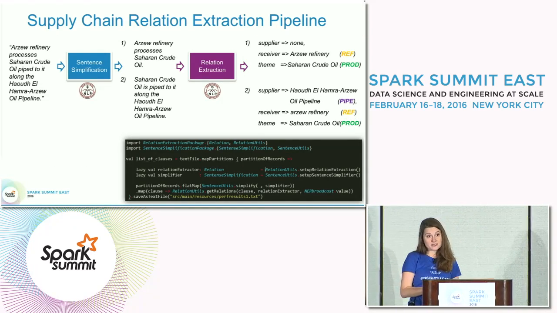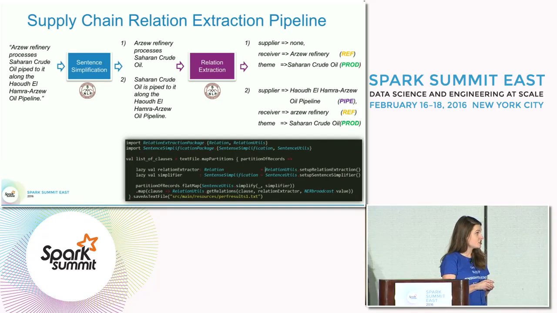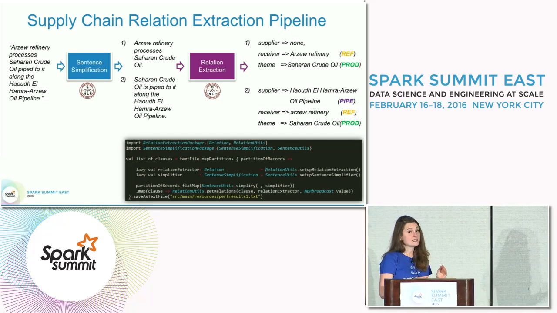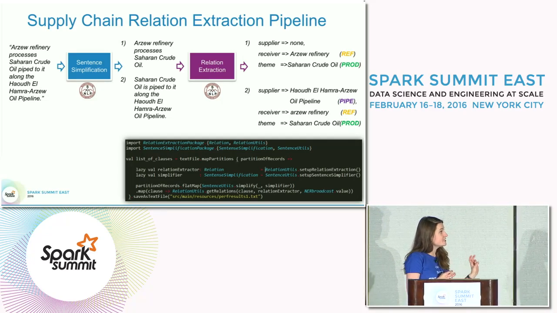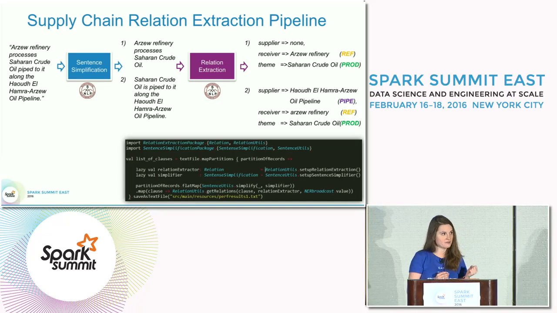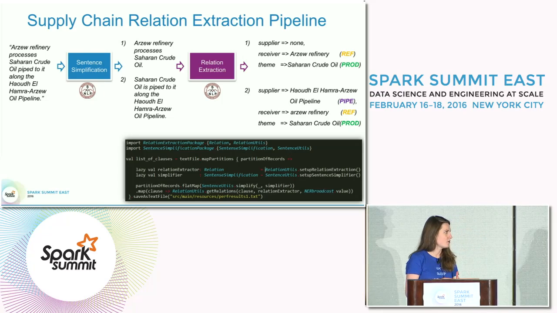The next steps of our Spark treatment pipeline are sentence simplification and relation extraction. Given the same sentence on the entrance, the sentence simplificator splits it into 2 independent clauses, as you see here: a refinery processes Saharan crude oil, and Saharan crude oil is piped along a pipeline. Later I'll show why this is so important.